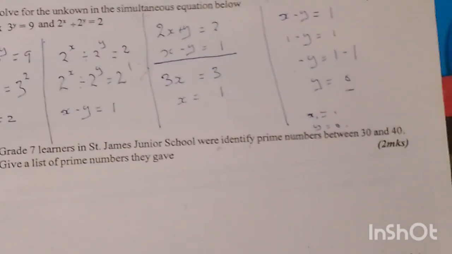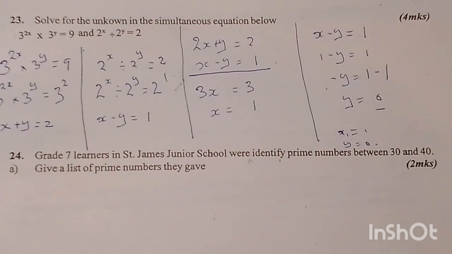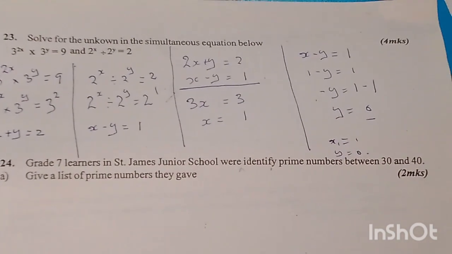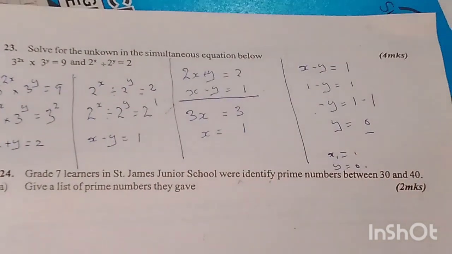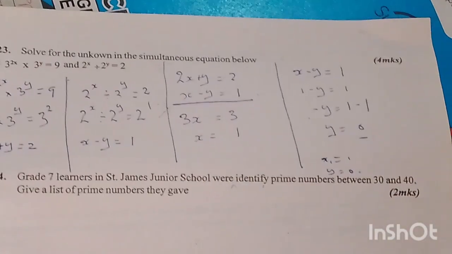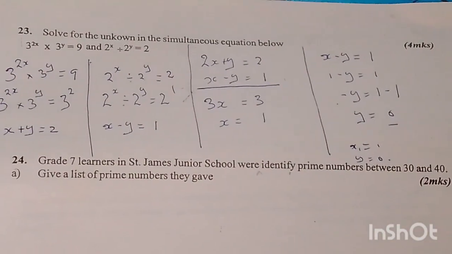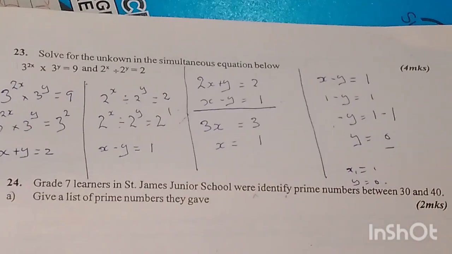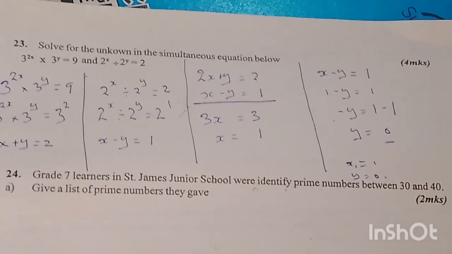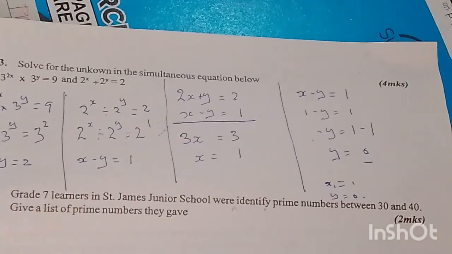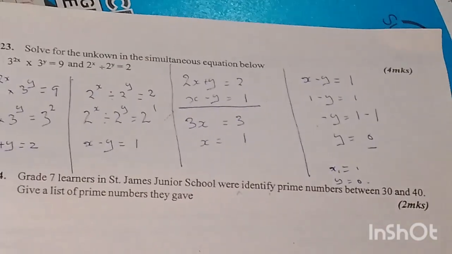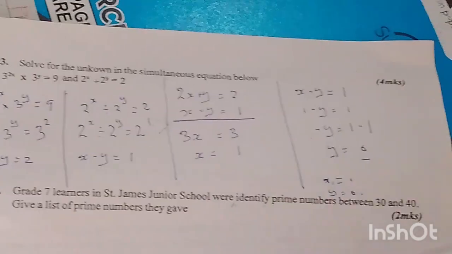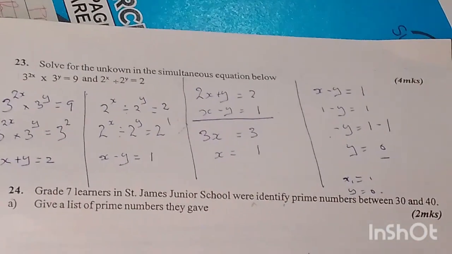Question number 24. A grade 7 learner in St. James Junior identifies prime numbers between 30 and 40. Give a list of the prime numbers they give.